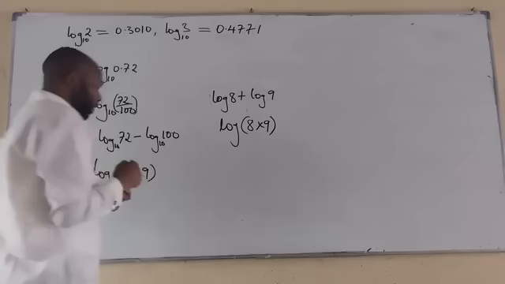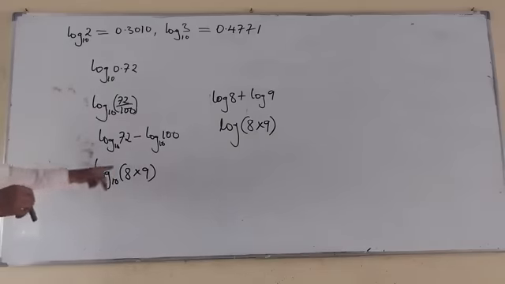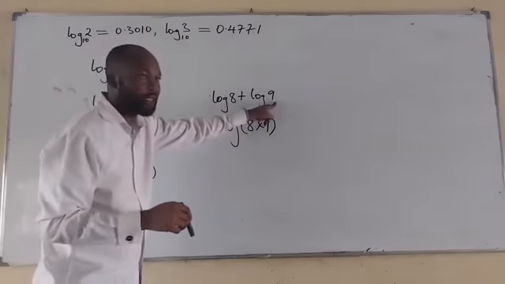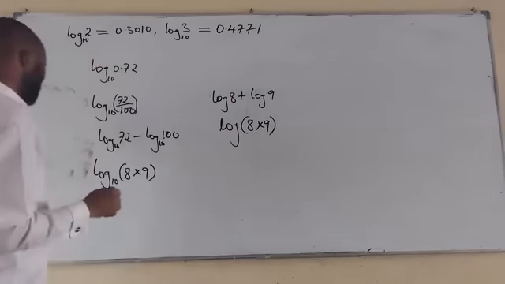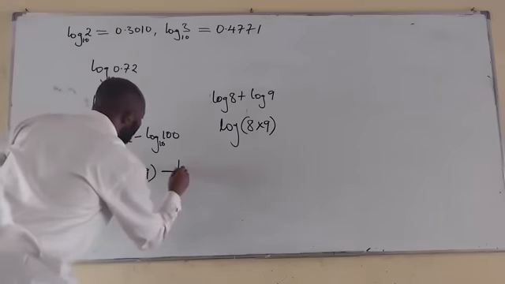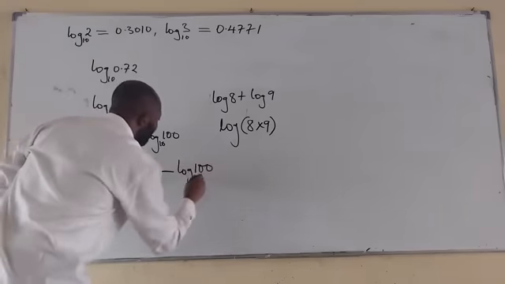So if I have 8 times 9, I can separate them to have log 8 plus log 9. That is the law. Then now I have minus log 100 in base 10.